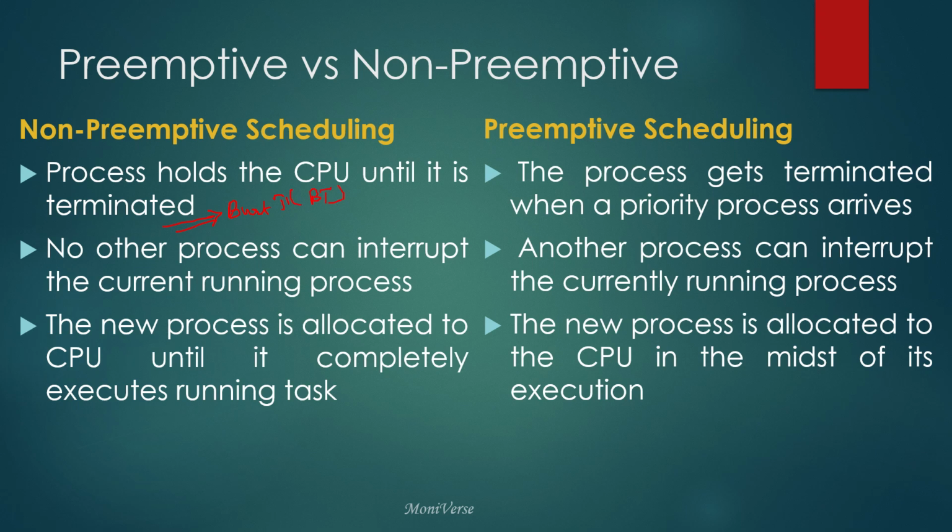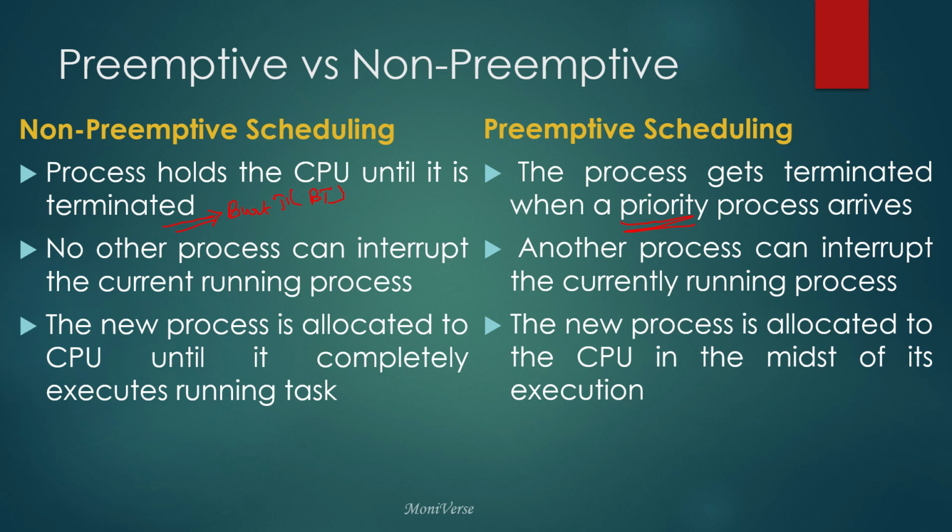But in preemptive, the process may or may not be terminated depending upon the new process which is entering the queue. It can have a shorter burst time compared to the process which is running currently in the processor, or it may have a higher priority than the process which is currently running in the processor.